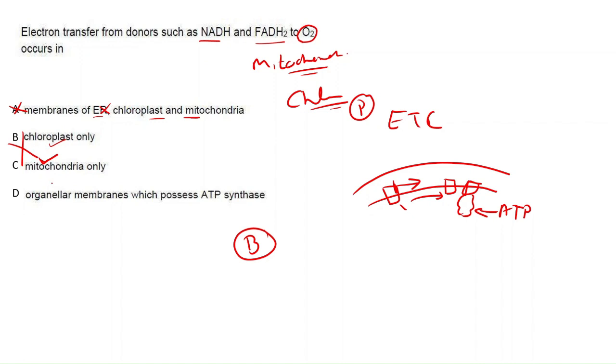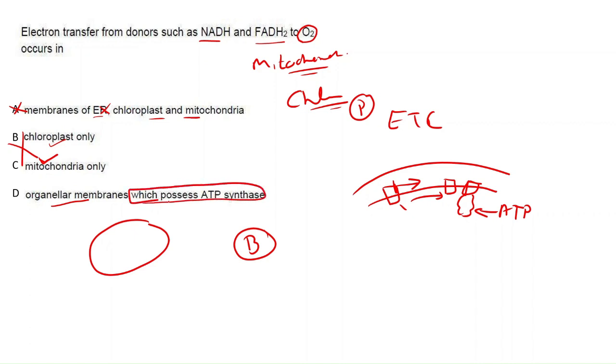So that's why option D is the correct statement, which says organellar membrane, meaning the organelle inside the cells which has a membrane, which possesses ATP synthase.